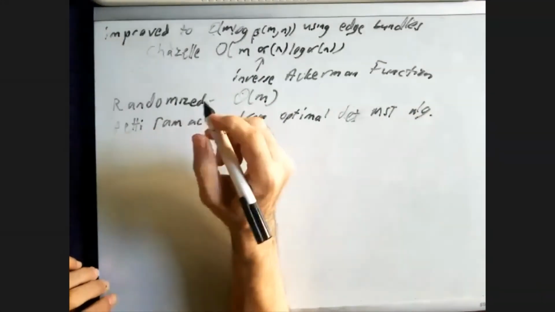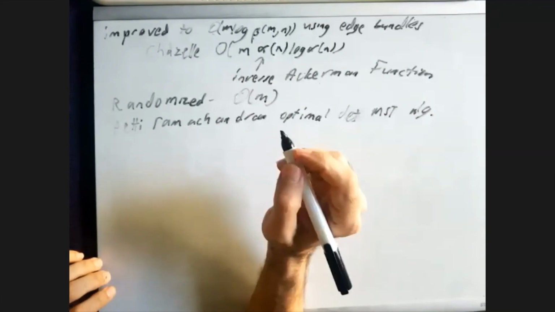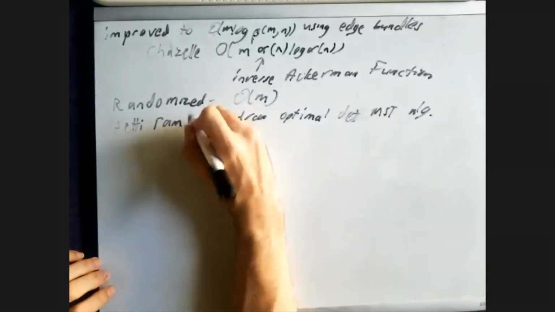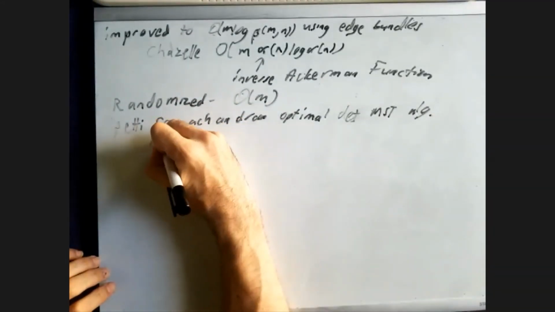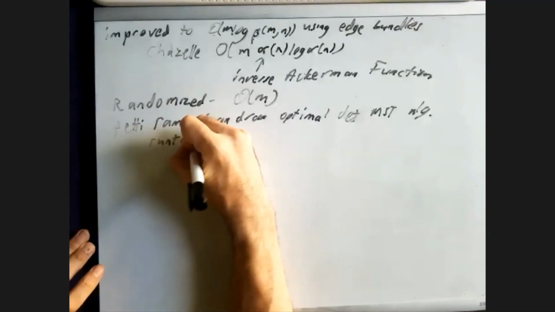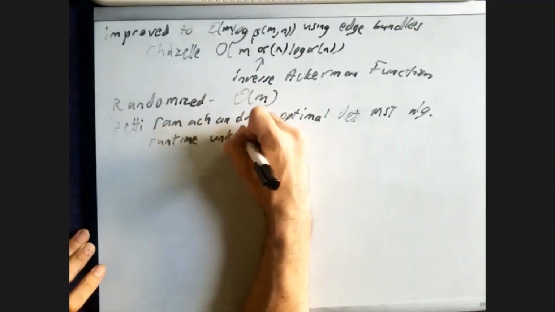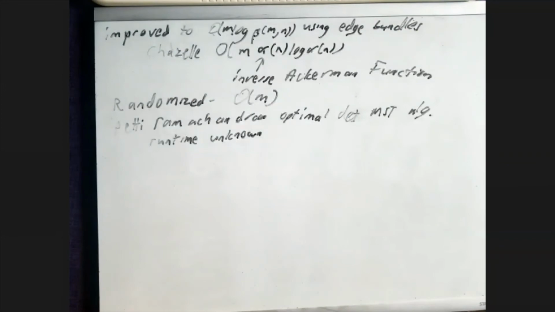The problem is the runtime is not there. This is a very disturbing state of affairs, right? We know what the fastest algorithm is, but we don't know how fast it is, and we don't know if it's linear time.